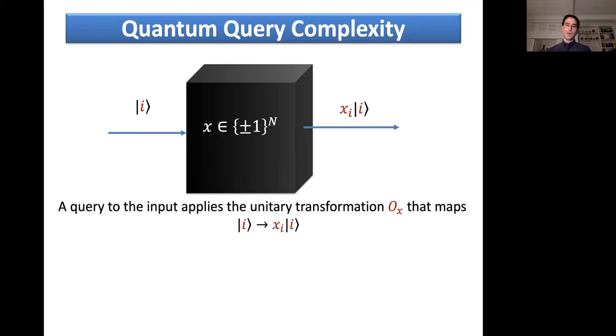So in this case, the query itself is also a unitary transformation. It maps the standard basis state |i> into xi multiplied by |i>. Notice that xi is either plus or minus 1. So this transformation preserves the norm of the standard basis, and it can also be naturally generalized to any superposition over the standard basis.